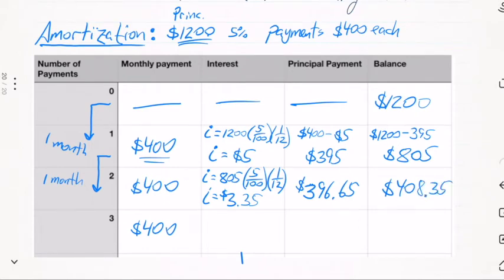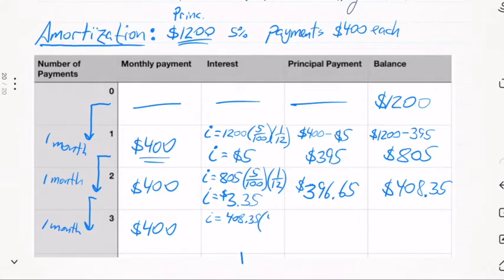And by now you can see that by paying $400 each month, we're not going to be able to pay off this loan. So on this last month, we have another month of time frame. We're paying $400. My interest is going to be based off of that $408.35.